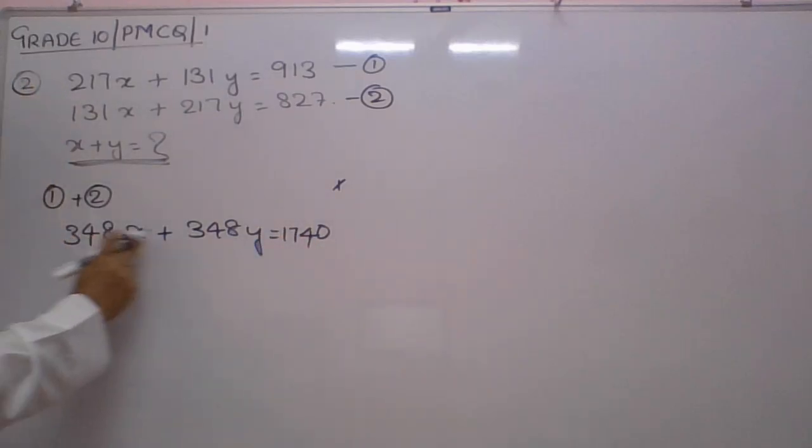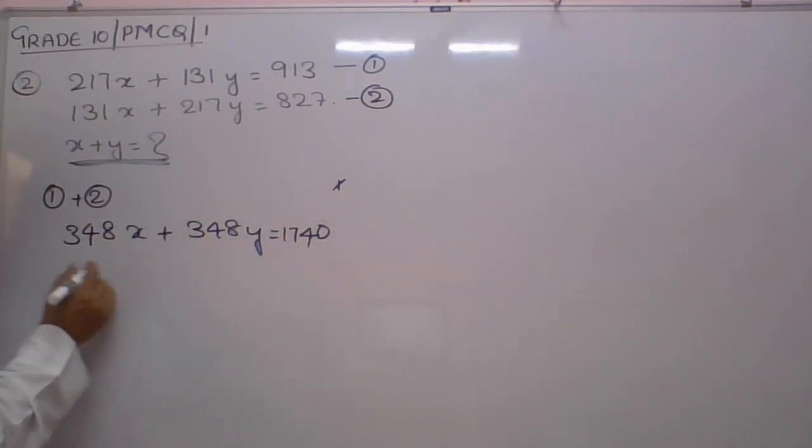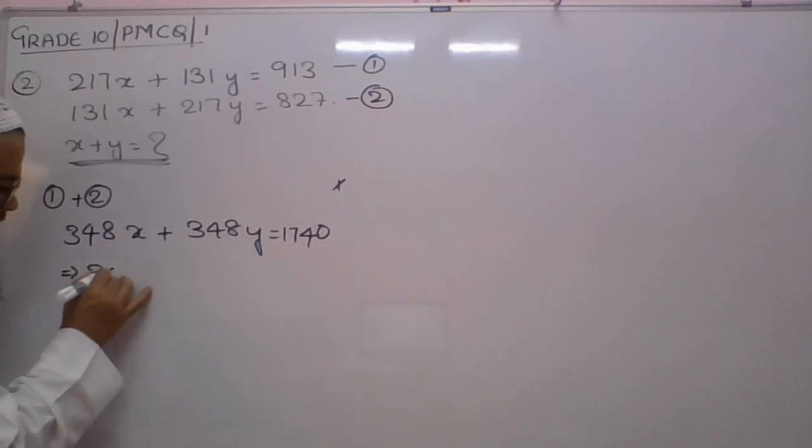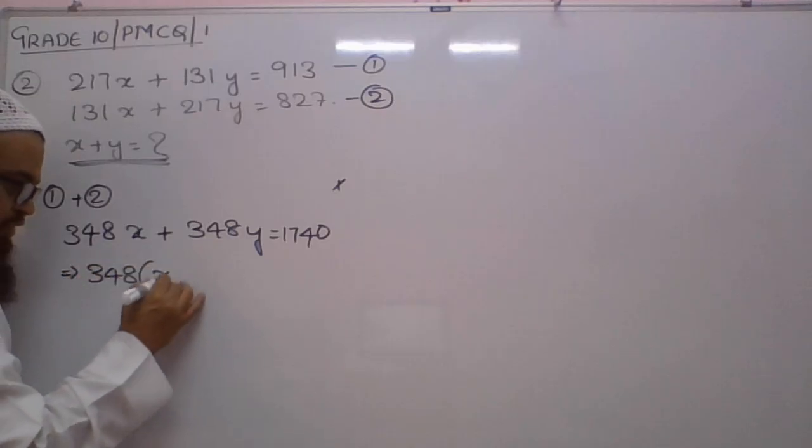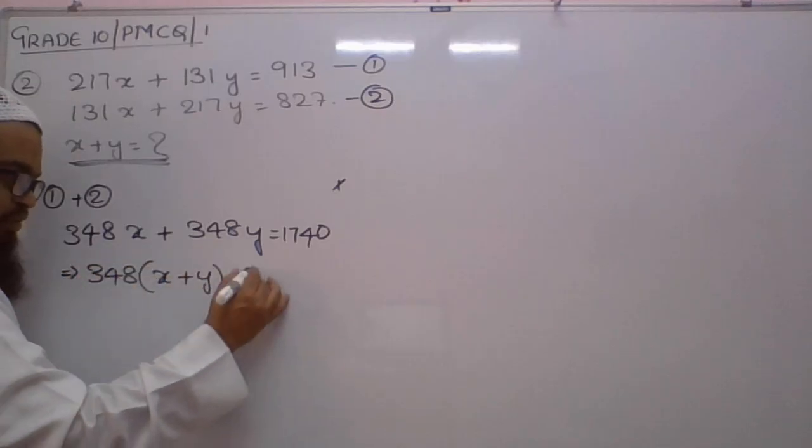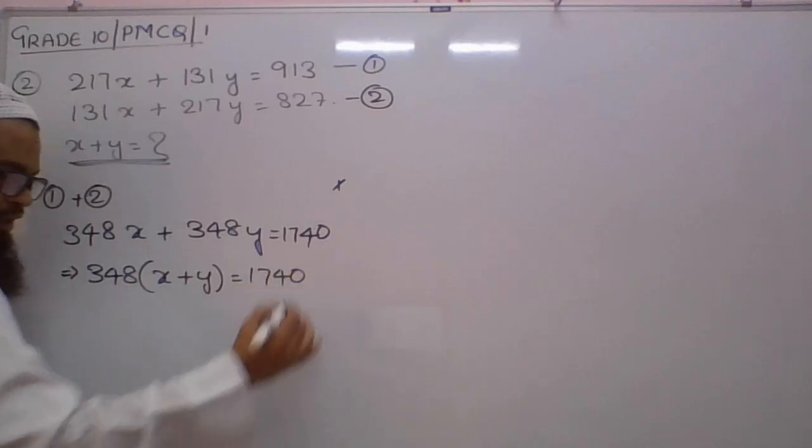See, you have here 348, 348. So let us take 348 common. So it will be x plus y is equal to 1740.